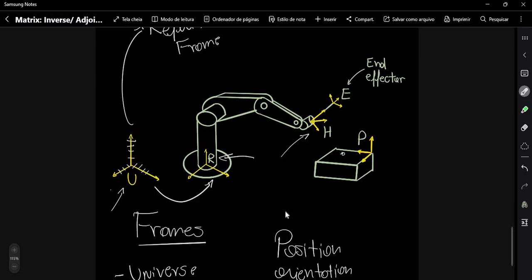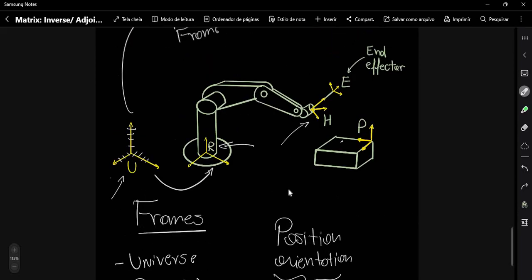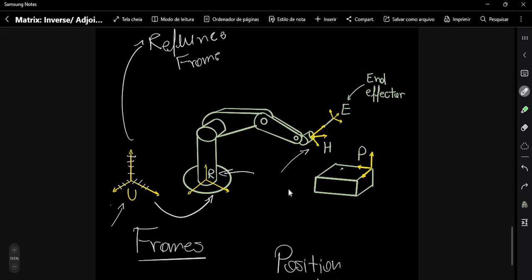Well, if we are working with more precision, we will have matrices that this robot will use as reference to achieve this certain point.